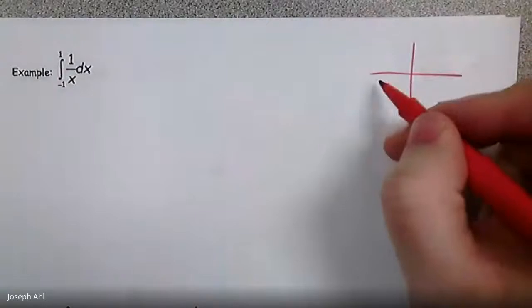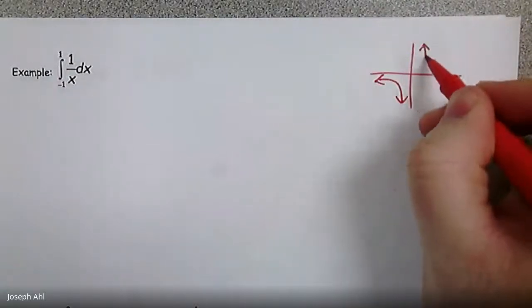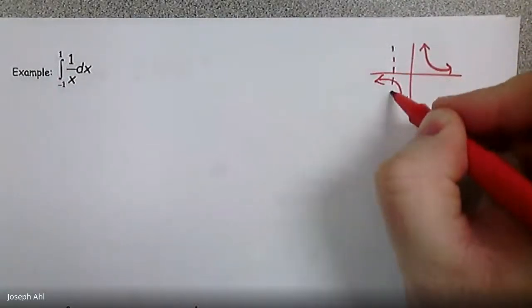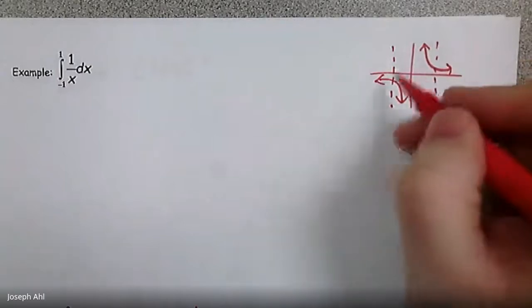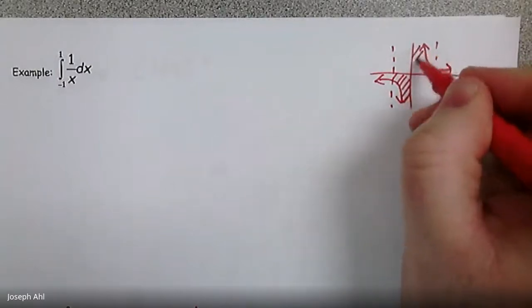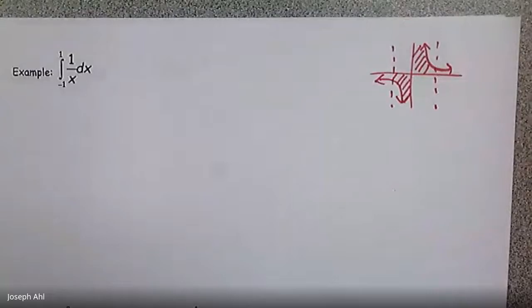Okay. So this one is the integral from -1 to 1 of 1 over x dx. And if we think about just graphically what this looks like, 1 over x from -1 to 1, we get this hyperbola here, right? And if here's -1 and here's +1, we're looking at capturing that total area right there.